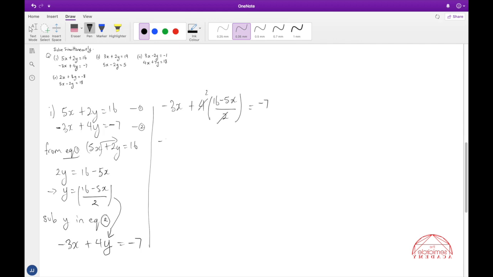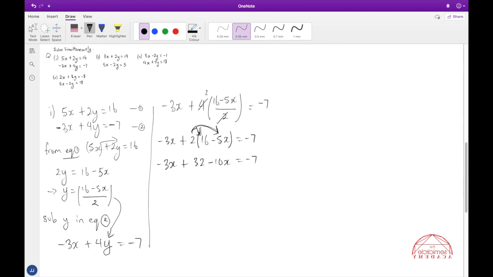So now I have negative 3x plus 2 into 16 minus 5x is equal to negative 7. The 2 is going to be multiplied by the distributive law, so I have negative 3x plus 2 times 16 gives me 32, and then 2 times negative 5x gives me negative 10x is equal to minus 7.